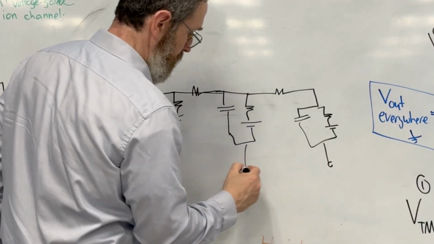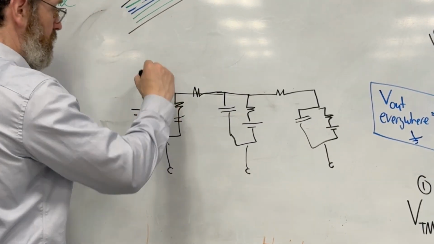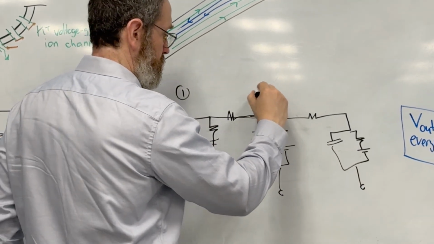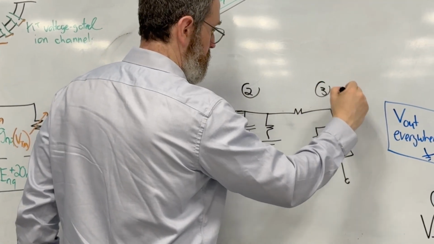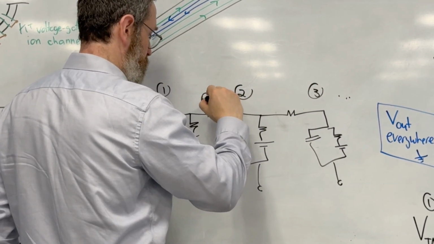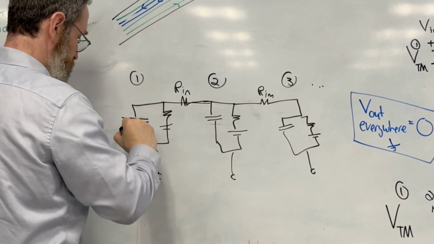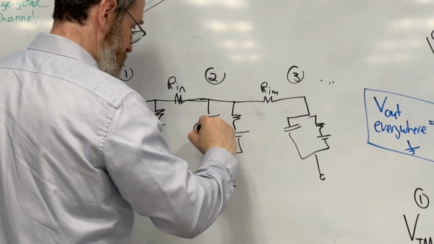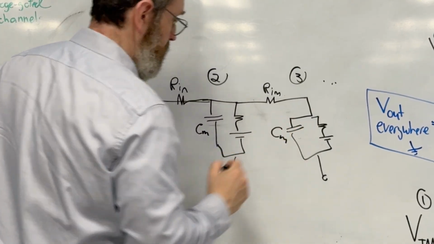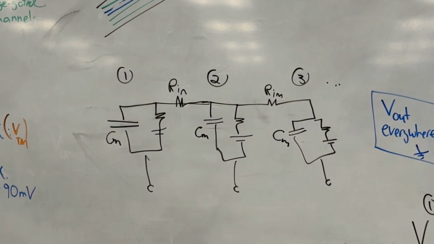Right, these were our compartments. This is compartment number 1. This is compartment number 2. This is compartment number 3. It goes on and on and on. This was our R in, to be clear. Right, this was our CM, CM. Right, this was the model we had before, right?